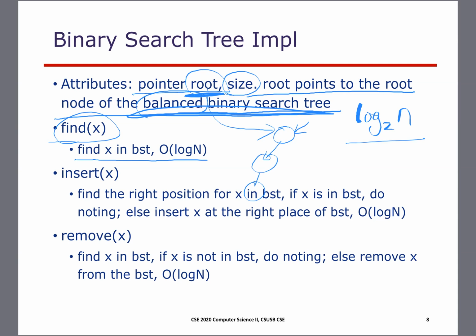That means we need log base 2 n comparisons, from the root node to the last level, and the height is log base 2 n. So for the balanced binary search tree, the time complexity of the find operation is big O log n. The worst case is x is at the last level of the binary search tree.